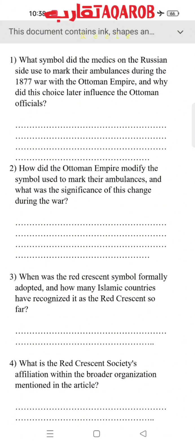So the answer is the medics on the Russian side marked their ambulances with a red cross during the 1877 war. The choice of the red cross later influenced the Ottoman officials because it reminded them of previous wars against soldiers carrying a similar flag.